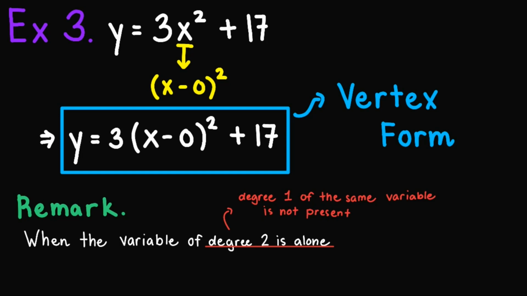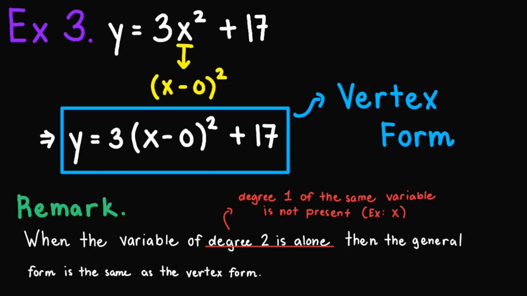Or that is, in this case, since our variable of degree 2 is x squared, observe that the variable x, or some ax with a coefficient, is not present out here. So if that is the case, then the general form is the same as the vertex form. As you can see, this one is actually just the same as this. No steps are needed to convert it.